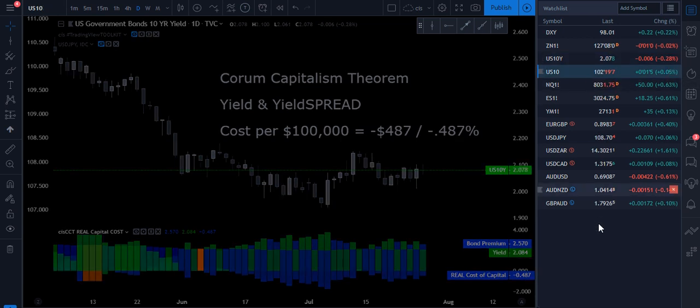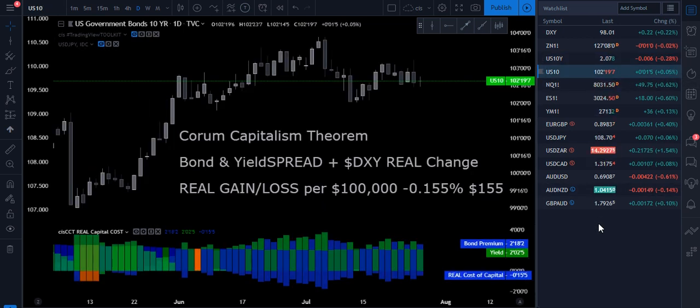When you look at the U.S. 10-year government bond, Quorum's Capitalism Theorem translates the bond and the yield spread to express the real value change in the U.S. dollar. In this case, the real cost of capital is calculated to negative 0.155, that's negative 0.155% or $155 per $100,000.